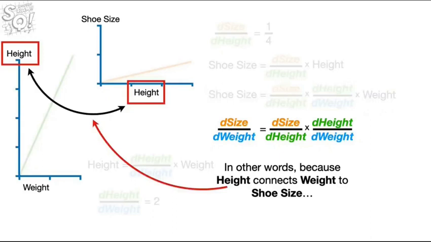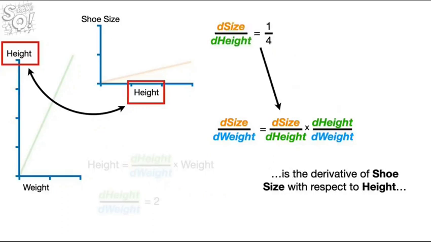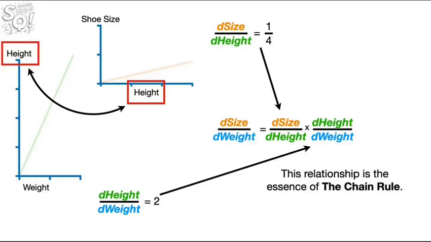In other words, because height connects weight to shoe size, the derivative of shoe size with respect to weight is the derivative of shoe size with respect to height times the derivative of height with respect to weight. This relationship is the essence of the chain rule.